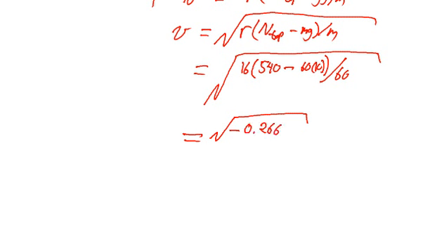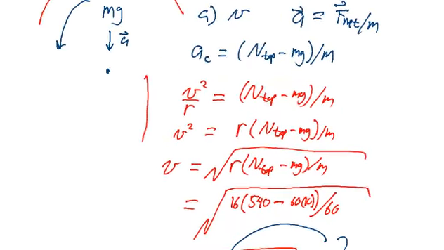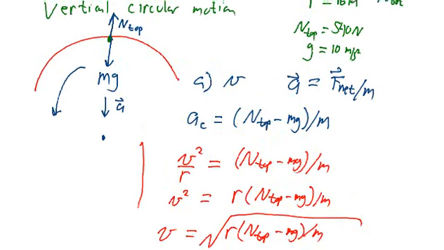0.266, and I'm really concerned by that minus sign because I know from math class that I can't take the square root of negative numbers. So I want to go back to my diagram just for a second and see why that answer turned out to be negative.